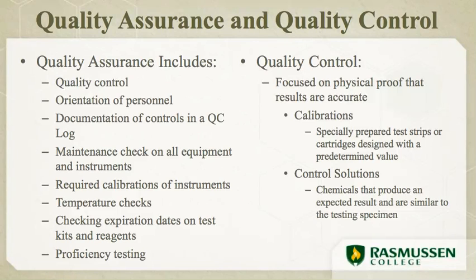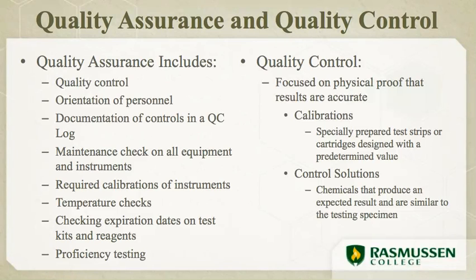Quality assurance also developed what we call the reference values or the normal values so we can tell whether or not a test is running accurately. Quality control is focused on the physical proof that results are accurate. This is done by routinely performing mock tests on either something called the calibration or a controlled solution.